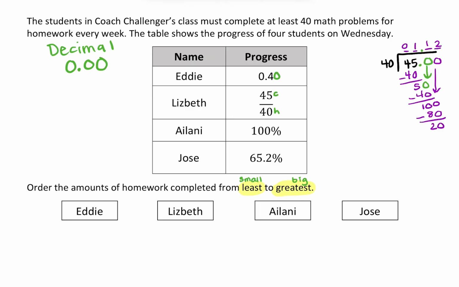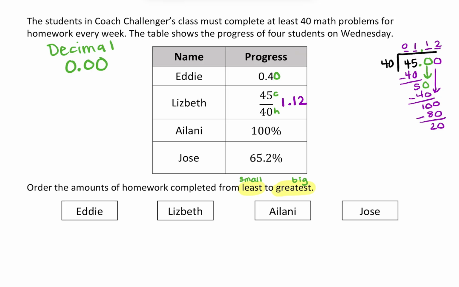Now, I can stop because my decimal looks like money. I know you could add another donut, but I only need it to look like money. So my decimal for this one is 1.12 because I want it to look like money.